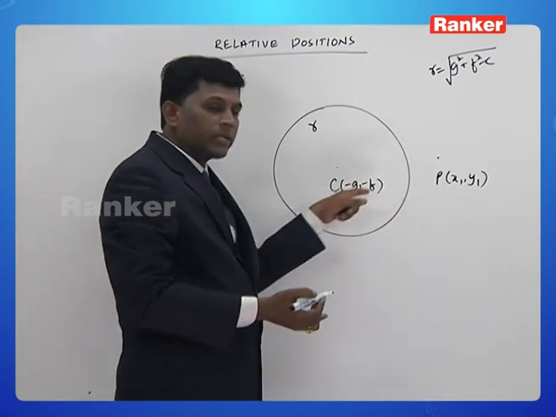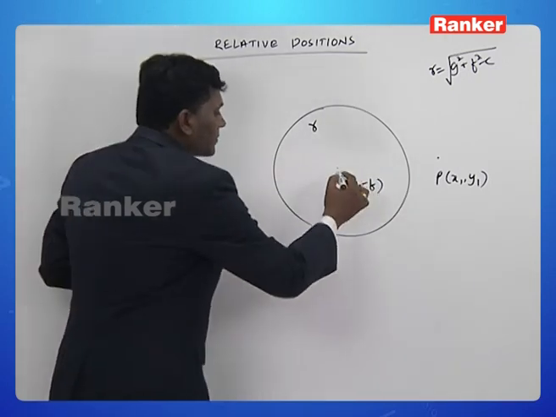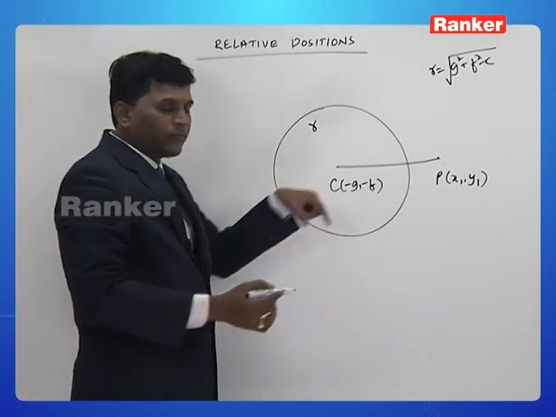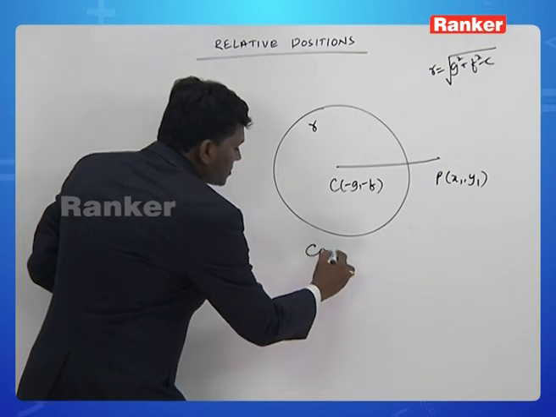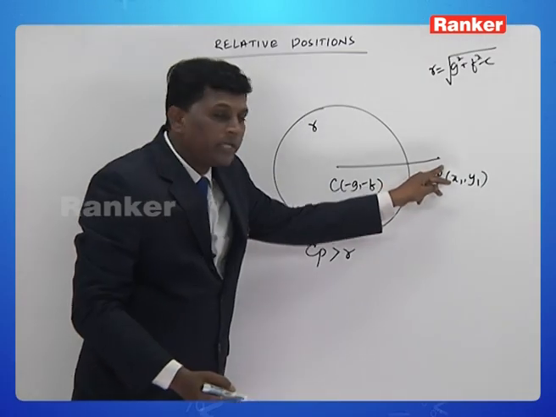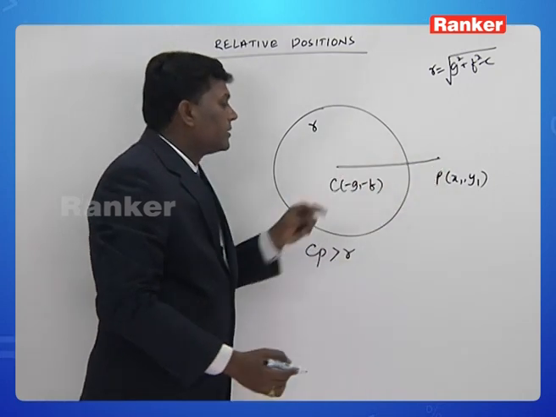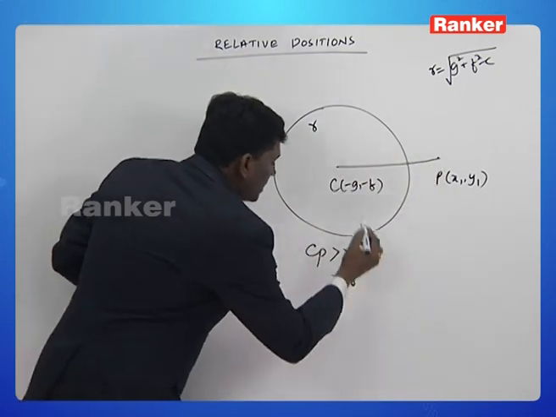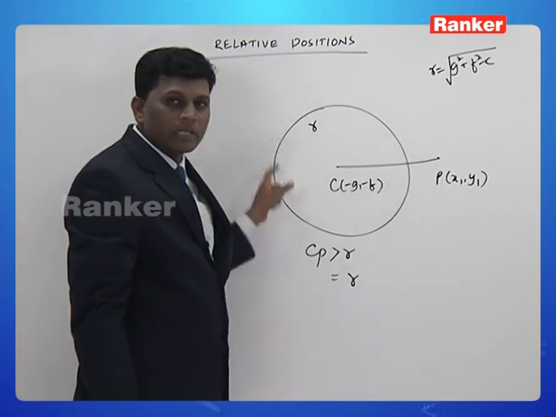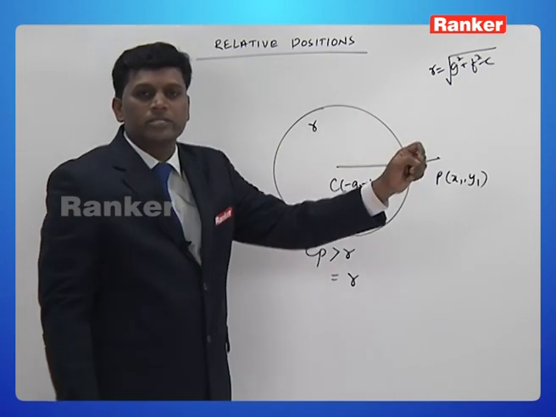Directly from the diagram we can analyze that the distance from the center to the point P, if CP is greater than the radius, indicates that the point is external to the circle. Suppose CP and r are equal, clearly the point will come on the circumference, which means it belongs to the circle.